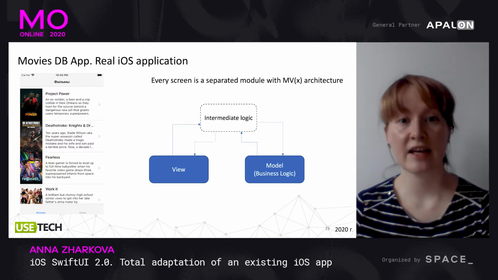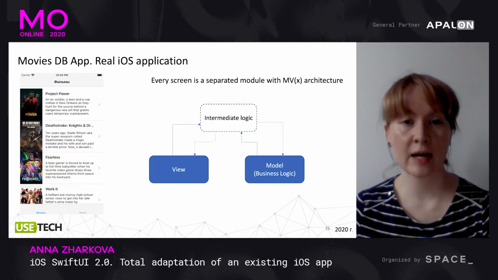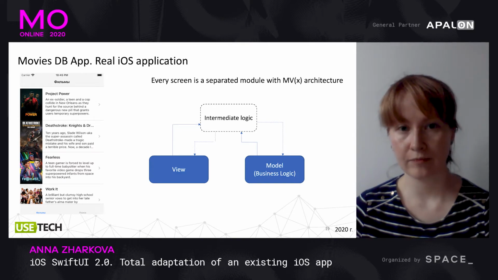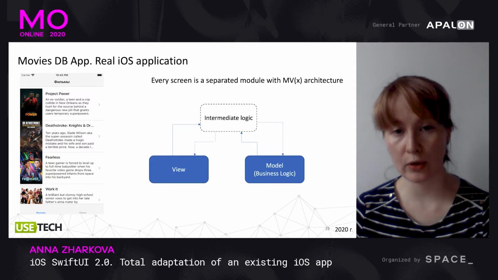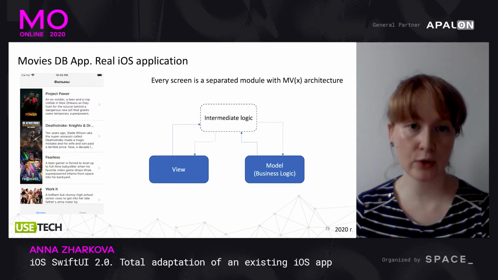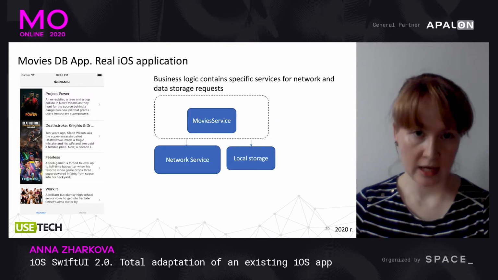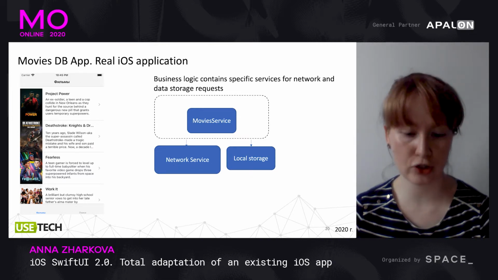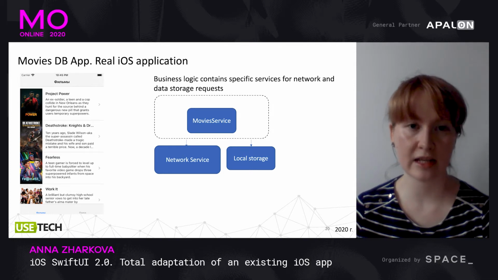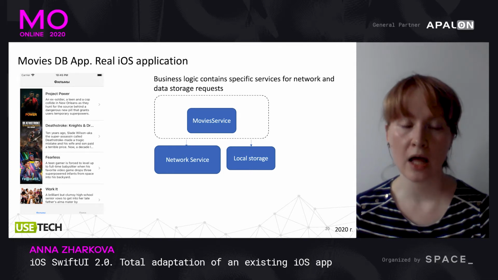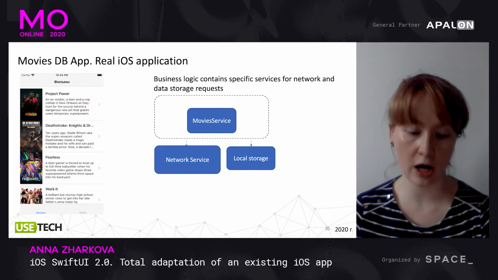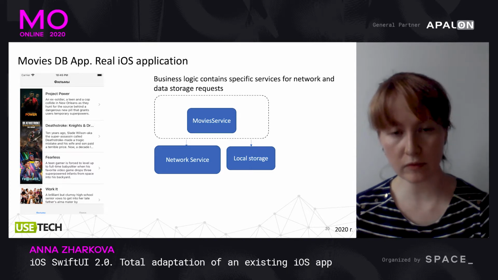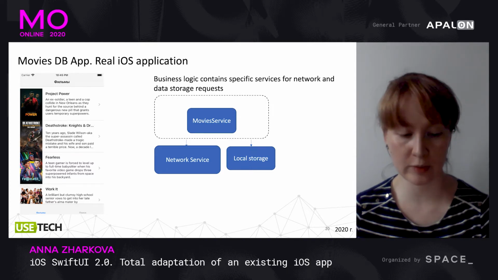It has a view, some business logic, and some intermediate logic that receives signals from your view, makes requests to your business logic, and then returns the values to your view. There is also business logic common for the whole project, where we specify services to make requests to a common local storage and to a common network service. Just like the classic realization of business logic in an iOS application.